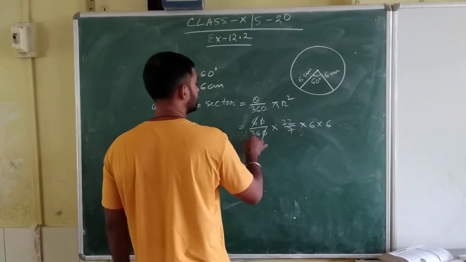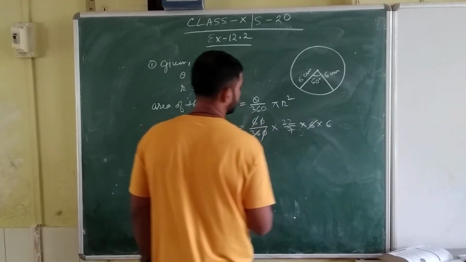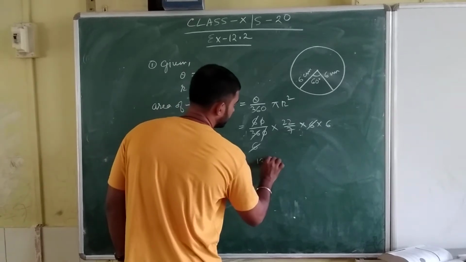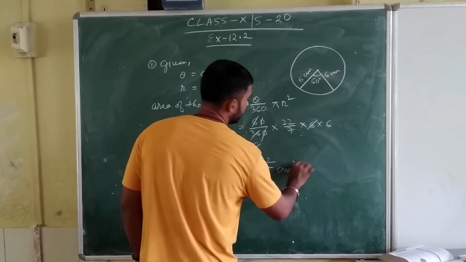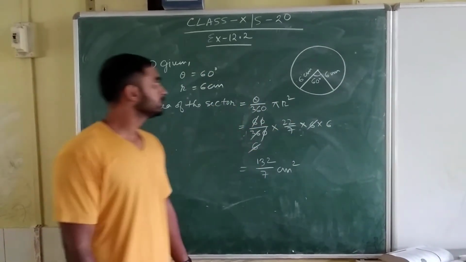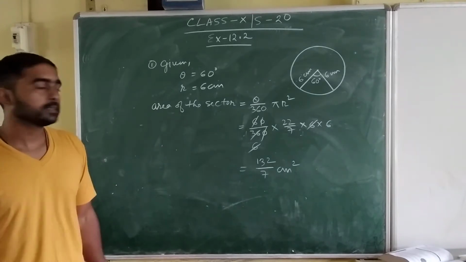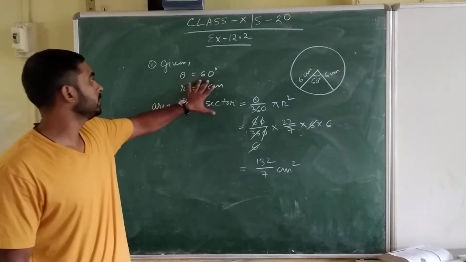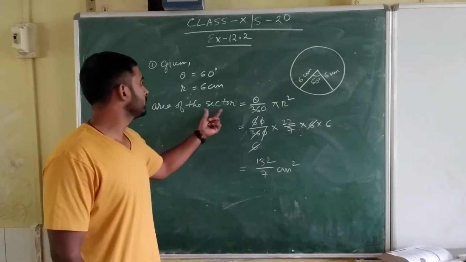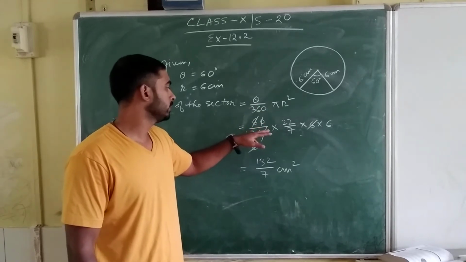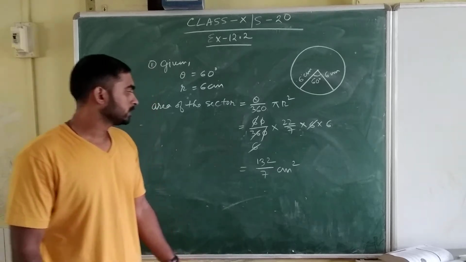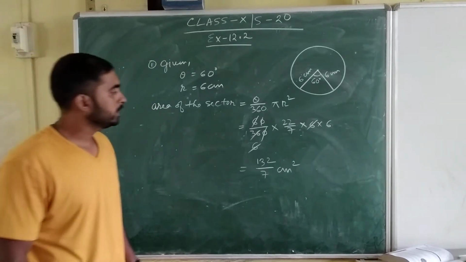The 10 cancels, 6 6 cancel, this one cancels. So it is 132 by 7 square centimeter. This is the area of the sector where theta equal to 60 degree and r equal to 6 centimeter. The formula is area of a sector equal to theta by 360 pi r square. Replace the value of theta, pi and r, and we get the answer 132 by 7 square centimeter.